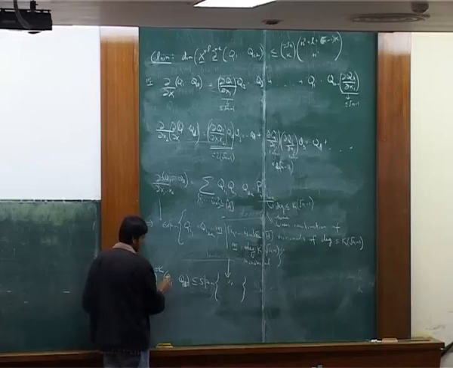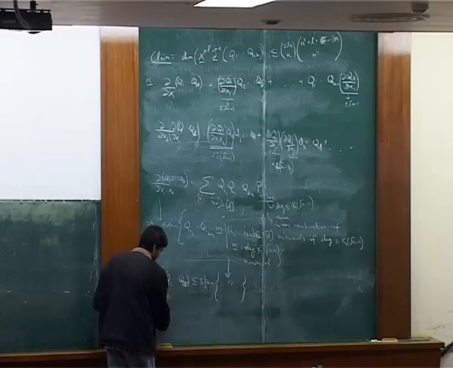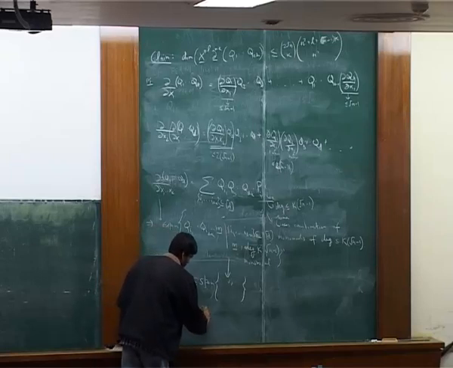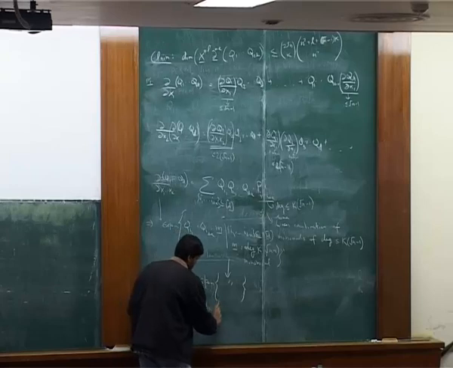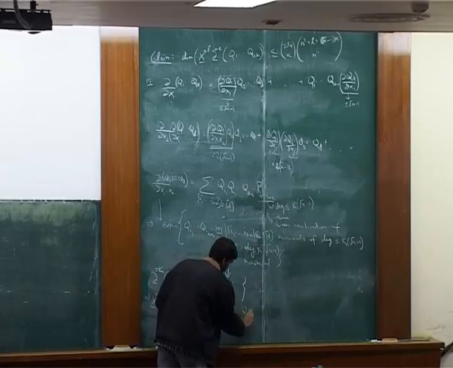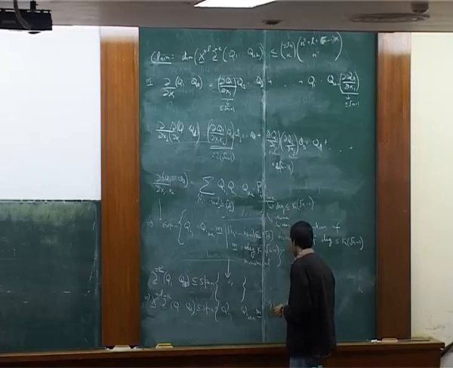So what it also implies is that this holds where the only difference is that these things do not change. Just the degree of the monomials which you are taking changes.